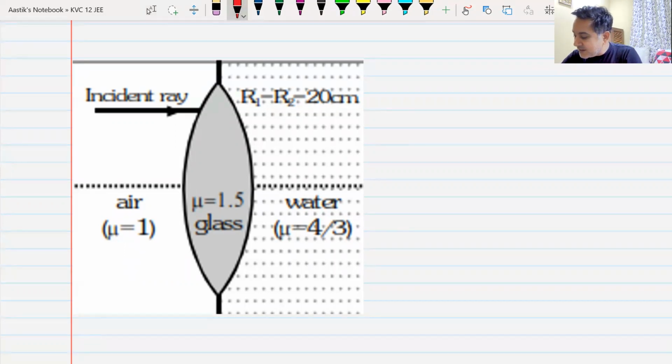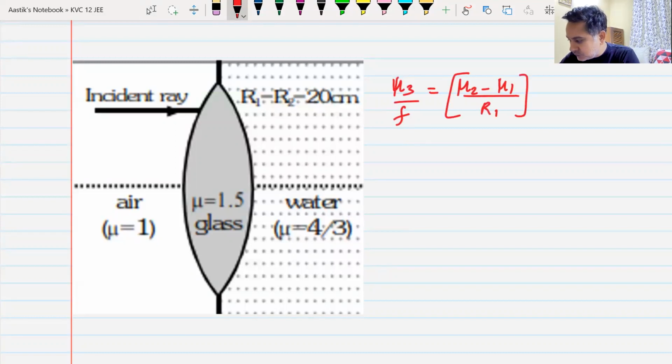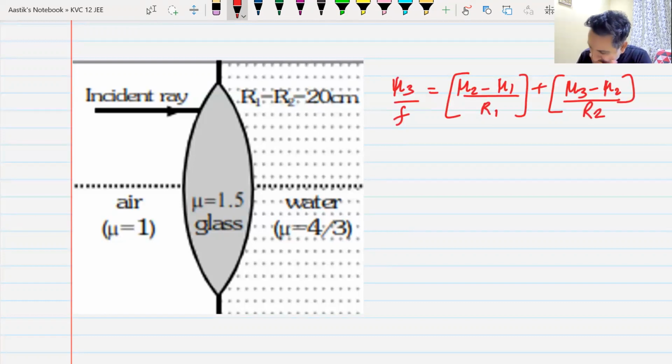So the formula that we have is mu3 by f equals (mu2 minus mu1) divided by r1, plus (mu3 minus mu2) divided by r2. Can you tell me the answer now? Mu3 is 4 by 3.